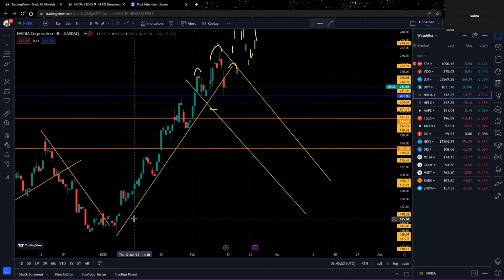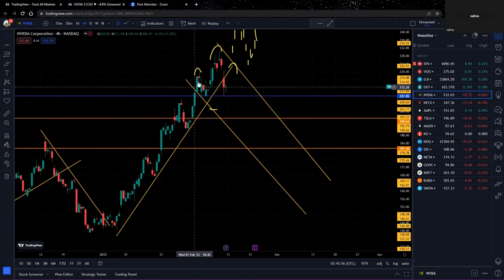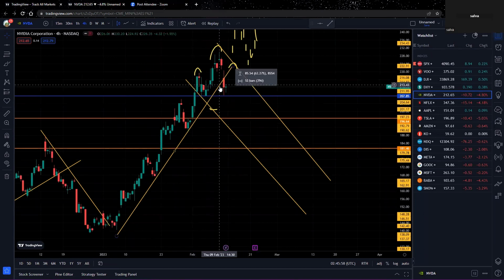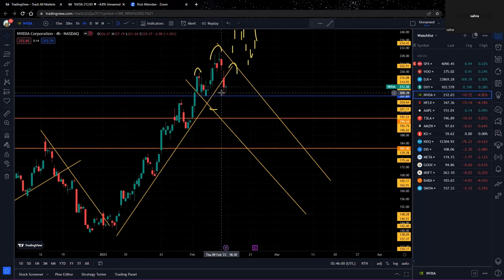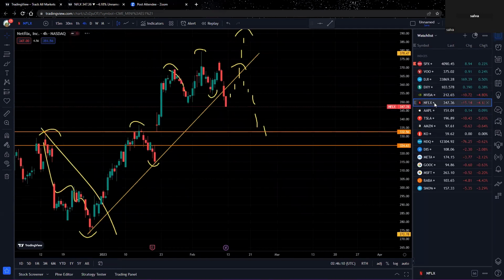Let's look at Nvidia. Since the beginning of January, we've been in an uptrend, right? And what happened with Nvidia? We broke down, right? Same thing. But the thing with Nvidia is we never made the lower low, right? So it's holding it, right? So that's Nvidia. That's Netflix. Netflix looks weaker, and it did make the lower low, right?